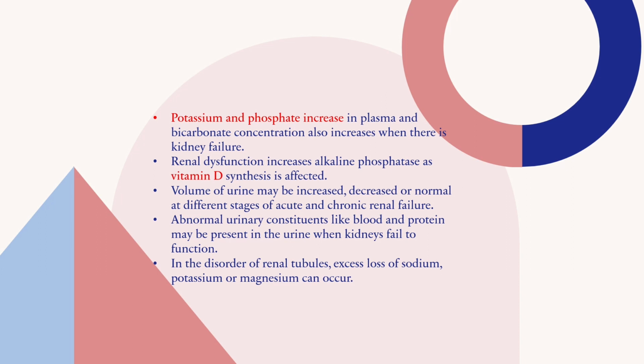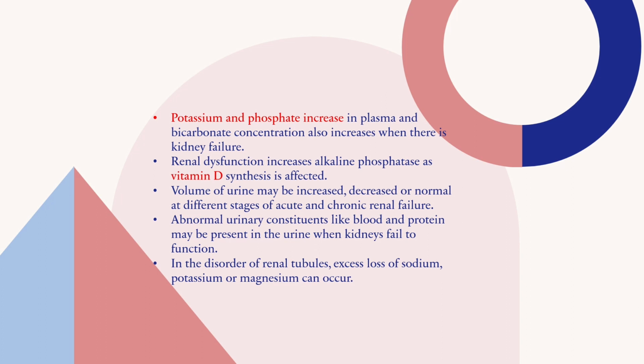While assessing the biochemical parameters, we have to look at all the electrolytes, whether they are increasing or decreasing, because they are good indicators for assessment of kidney functioning. And the next point is renal dysfunction increases the alkaline phosphatase as vitamin D synthesis is affected. Volume of urine is also affected.